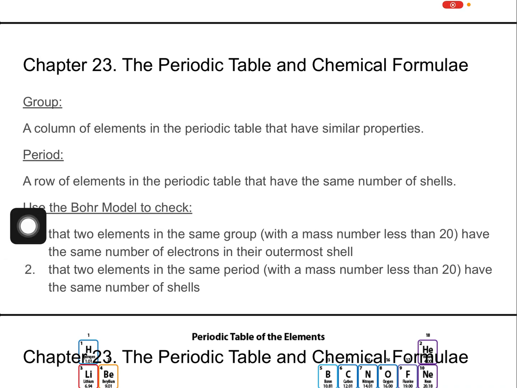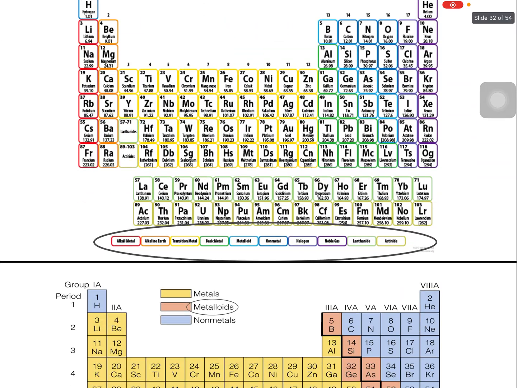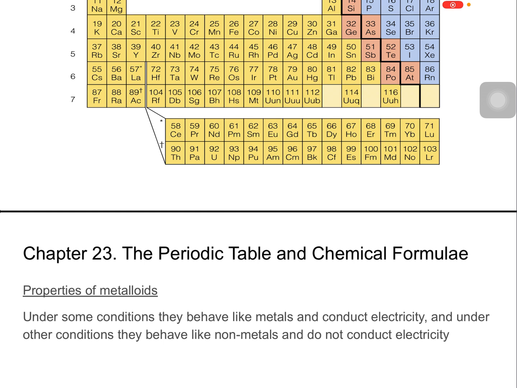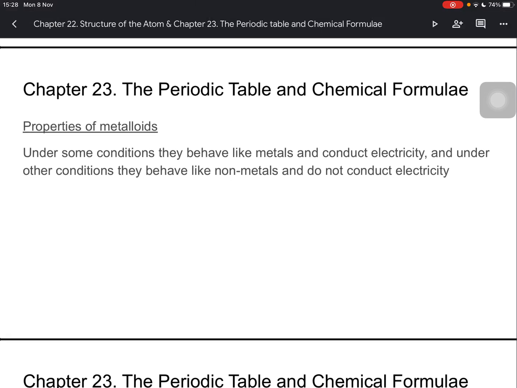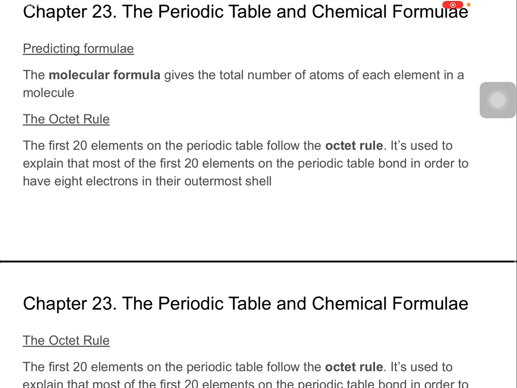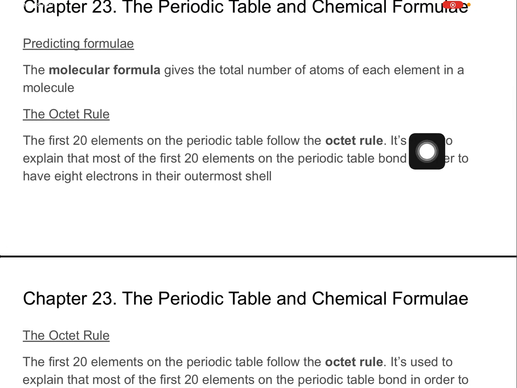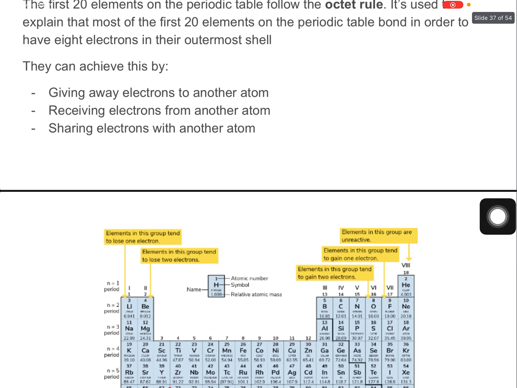Remember what we said about a group: a group is a column of elements in the periodic table that have similar properties, and one of the properties in these groups was how many electrons. I am skipping through some stuff because you didn't ask me to go through it, but what you did ask me to go through was why they come up with the ratios that they come up with. Remember that we're looking at the first 20 elements in the periodic table following this octet rule, so they want a full outer shell.